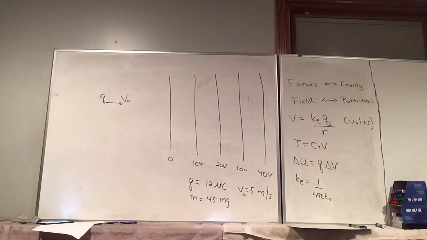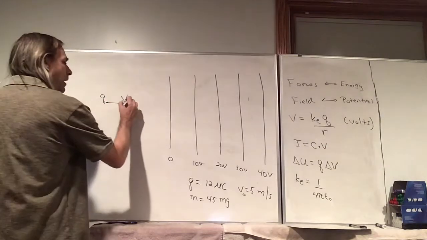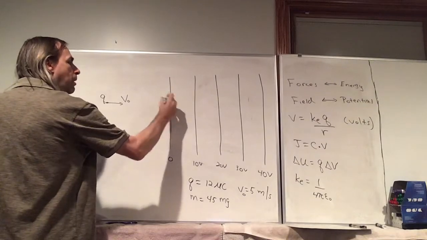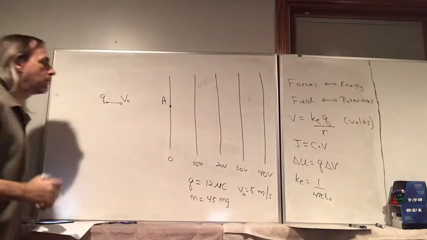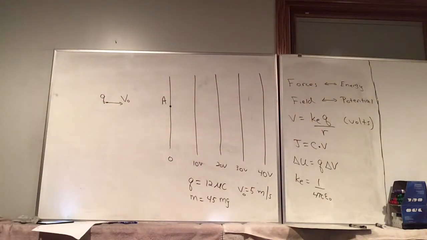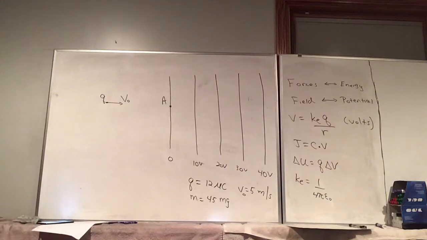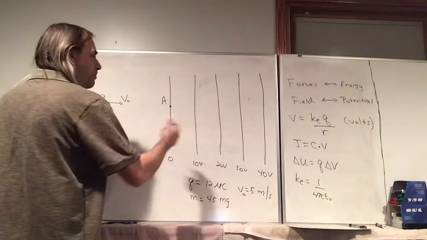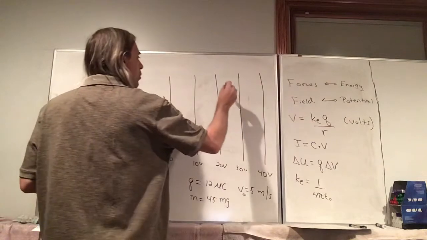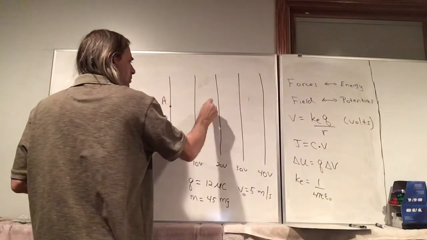And so let's get to the idea. I thought I had this in my notes so I could just look it up. But I don't. But let's say it starts out at point A, and it's going to end up at point B. We don't know where point B is, but supposedly it's going to stop there if I made these numbers work out, right? So I'm just going to put point B at some random place. Here.